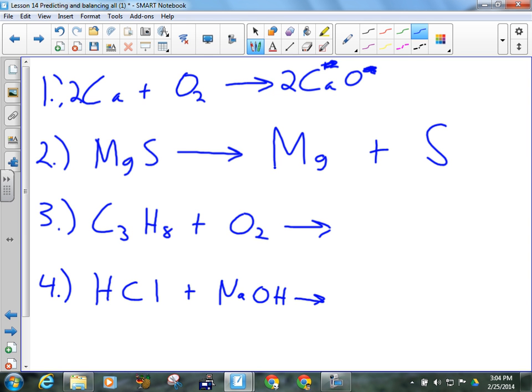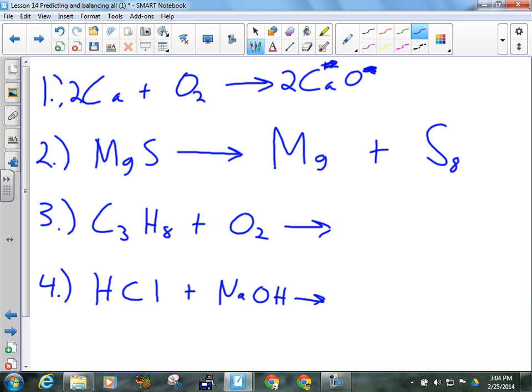Sulfur is. Sulfur is highlighted because when it is by itself, it comes in sets of 8. All right, that's why it's highlighted on your periodic table, right? So if you look at it, I think it's highlighted in orange, and you'll see on the top of your periodic table it says orange equals octuplets or something like that. So sulfur, when it's by itself, always comes in sets of 8.